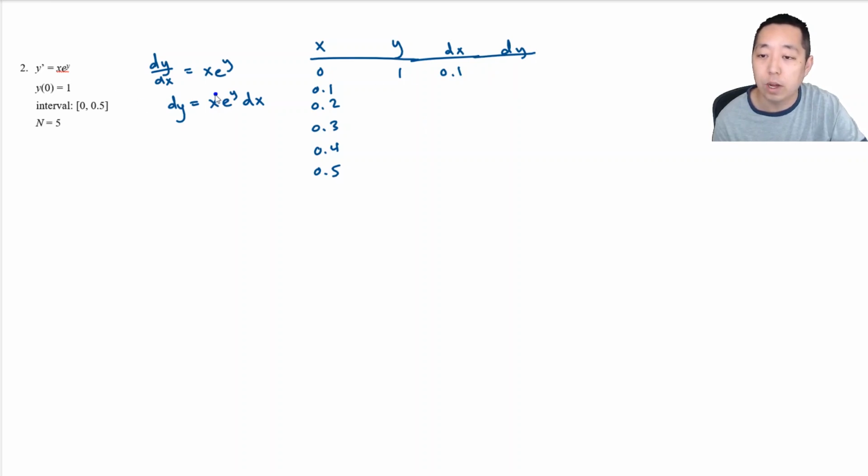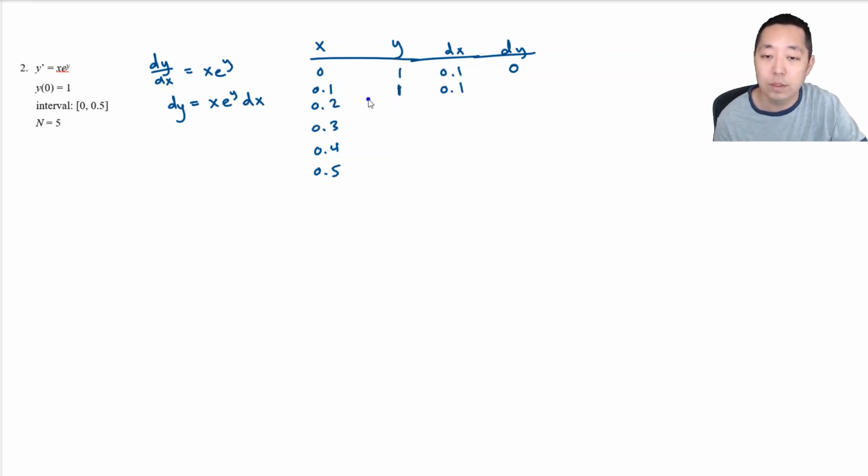Well, my dy is x e to the y dx. So it's going to be 0 times e to the y times dx. It's just going to be 0, because x is 0, it doesn't matter what the rest of this is. E to the 1 times 0.1 is still going to be 0 there. So my dy is 0, so the y is going to stay at 1. My x and dx are still the same.